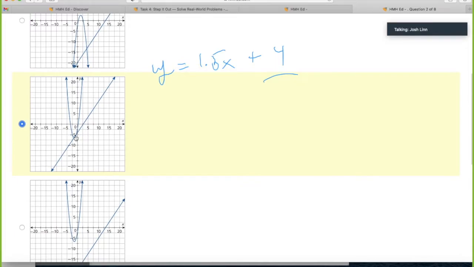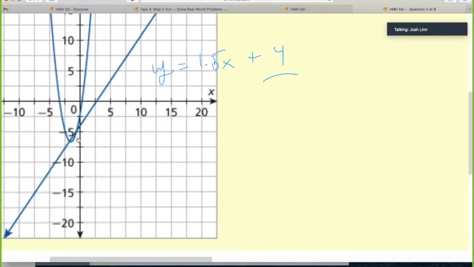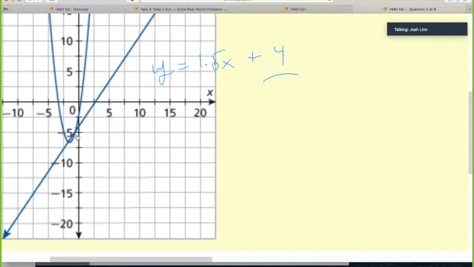So where does it cross? So I would say our x, that's -5, so that means that's going to be 2.5. I don't know, at x equals like 1 or 2. What are my options?